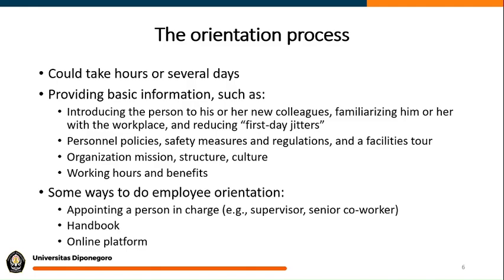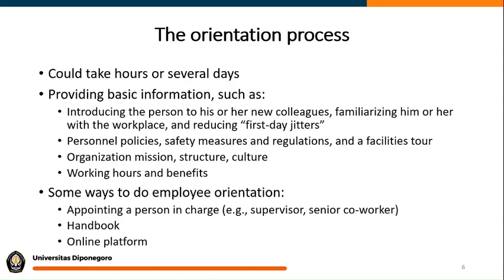Another basic information that might be provided during this orientation process is introducing organization policies, the do's and don'ts in the organization, and then the safety measures and regulations. For example, in case there is an earthquake, what should you do?